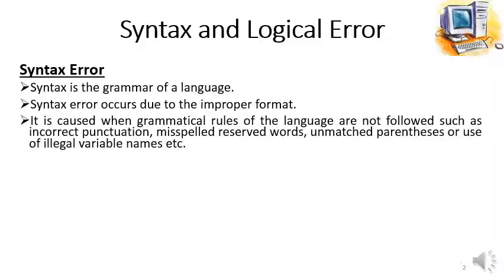So, if we are using any reserved word as a variable name, that means that we are not following rules of the language and we are not following grammar of the language, and it will cause a syntax error. Sometimes we misspell any reserved word, so that is also a syntax error, or we write any expression without following the proper format for writing that expression, so that will also cause a syntax error.